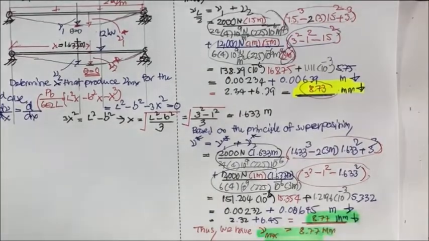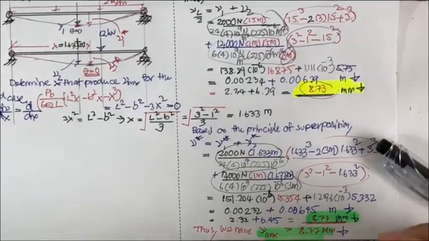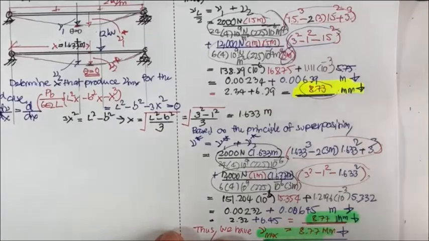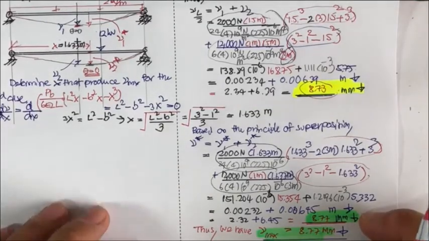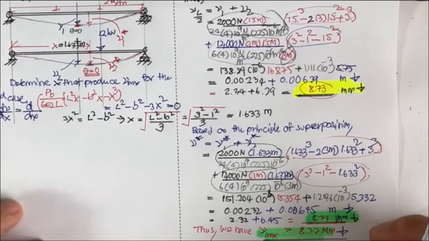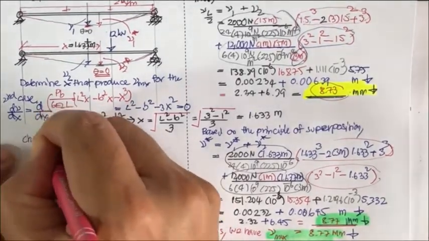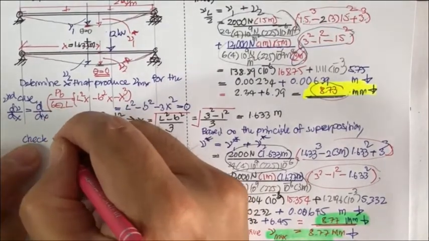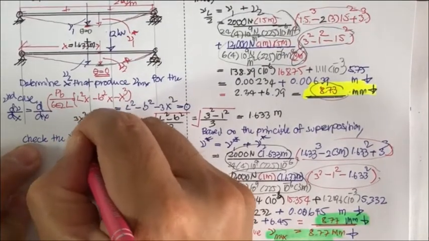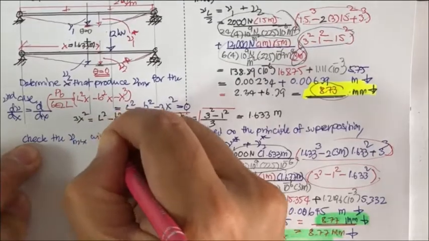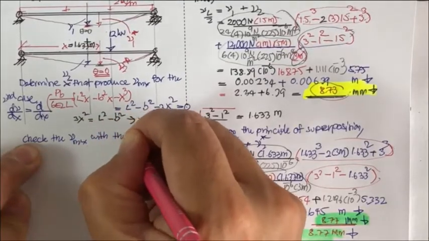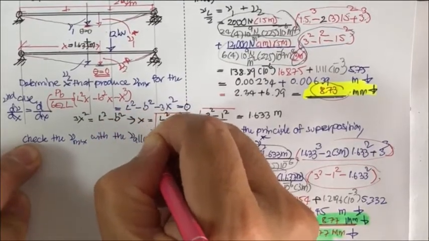And the answer is going to be here, and it's in the downward direction. That is the answer that we have for the Vmax. Okay, and then we need to check the Vmax with the V allow.